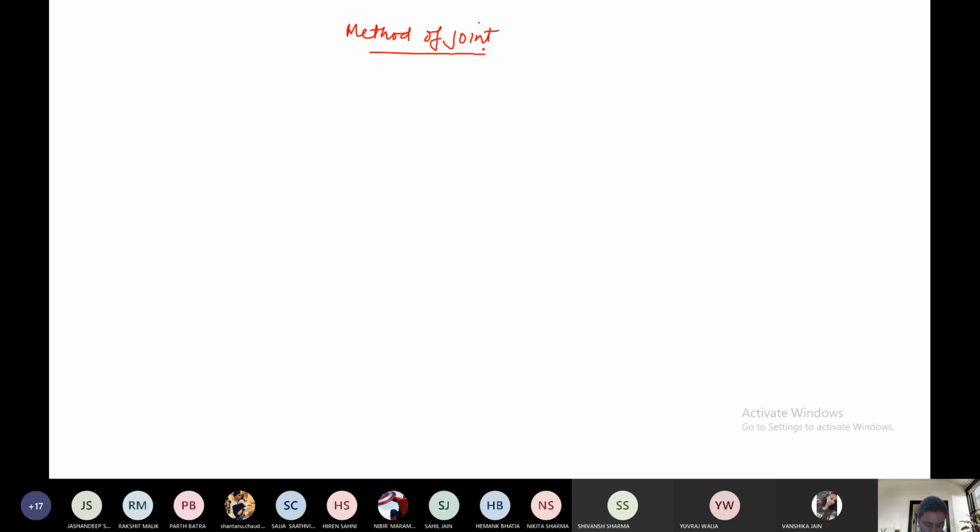This method is used to calculate forces in the members of the truss, when a system of concurrent forces is found at the joints, full stop.